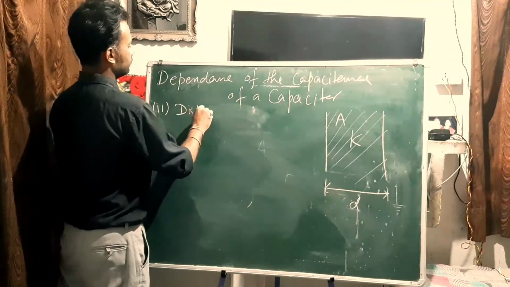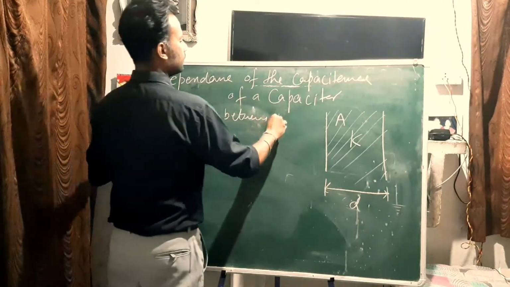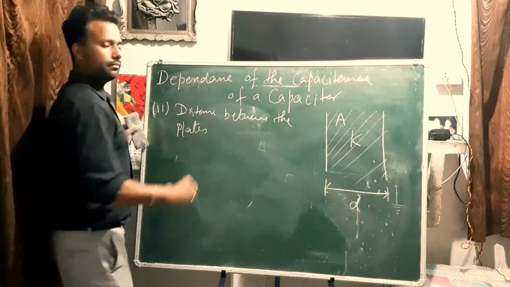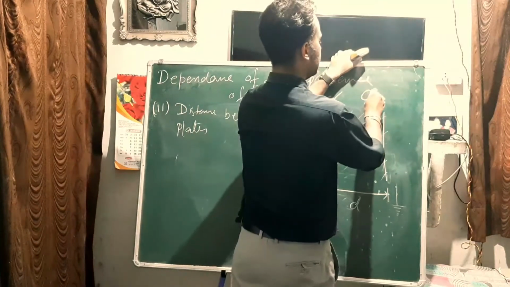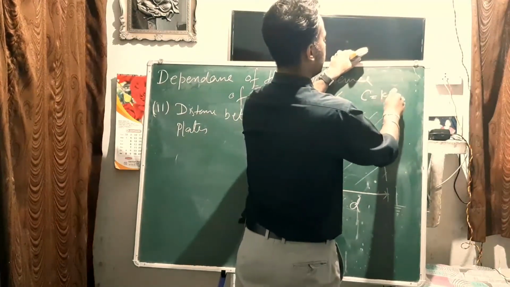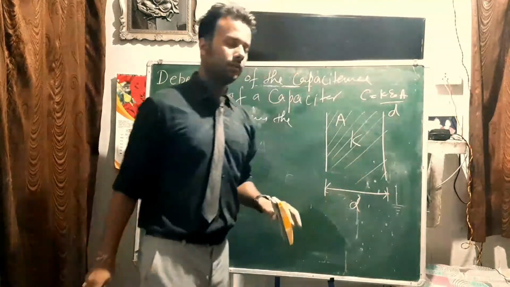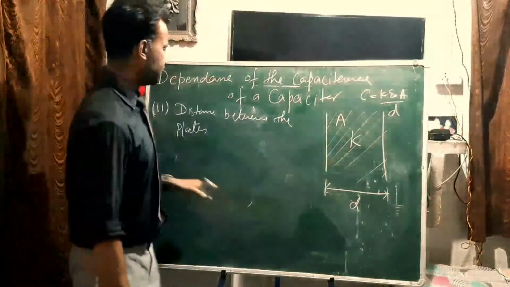What was the formula? The formula was C equals K epsilon naught A upon D. From this formula you can see that C is inversely proportional to D.